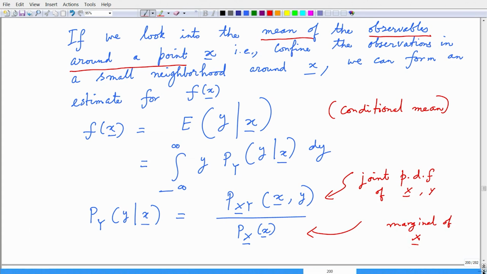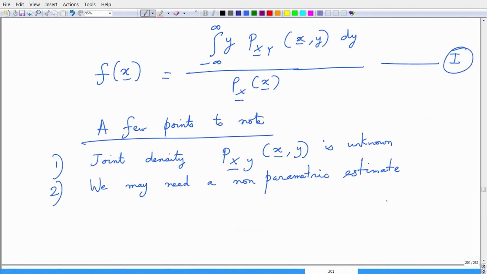Now, f of x is the regression function. Bear in mind that this is always the terminology we adopt for the regression function, and if I put a subscript x, it becomes a probability density. That is the reason why I want two separate notations: p for the probability density and f for the unknown regression function.